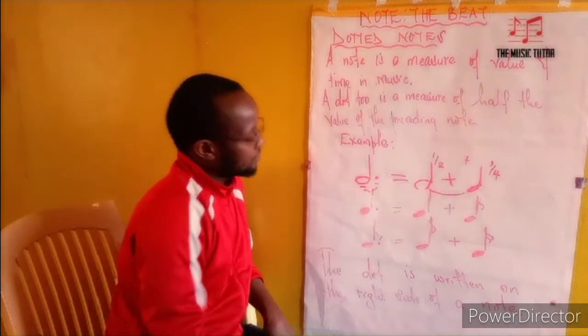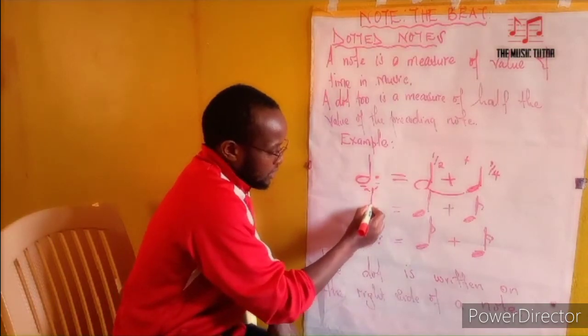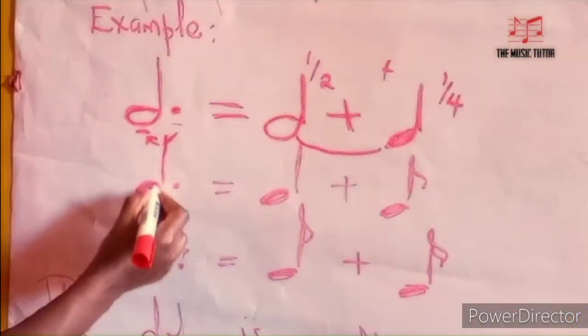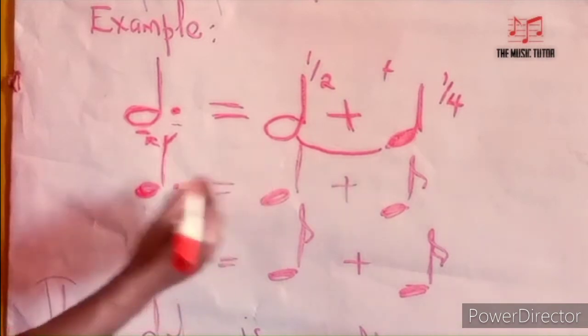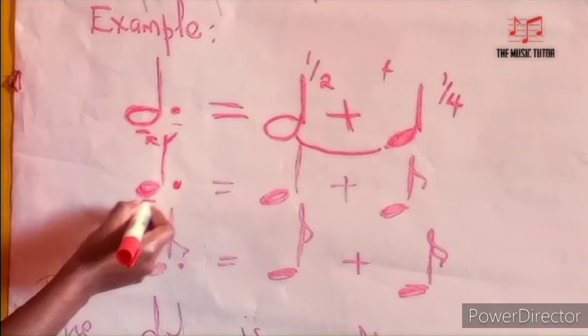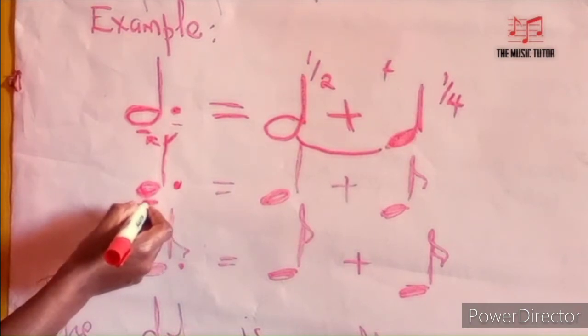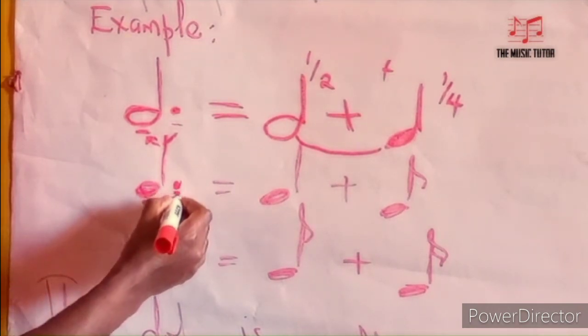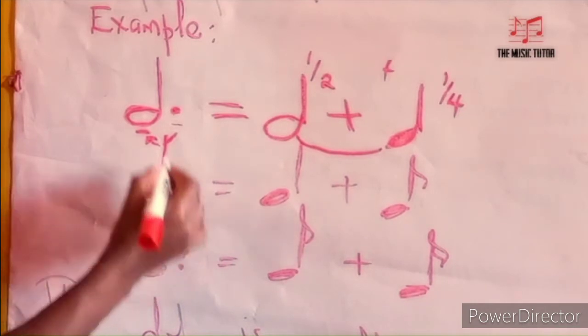Another example. Let's take an example of a quarter note, the crotchet. The dot always, we put it on the right side. Put a dot here. So this retains its value of a quarter note, but this one will take half the value of the crotchet.